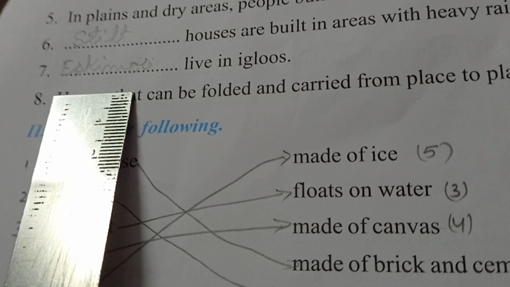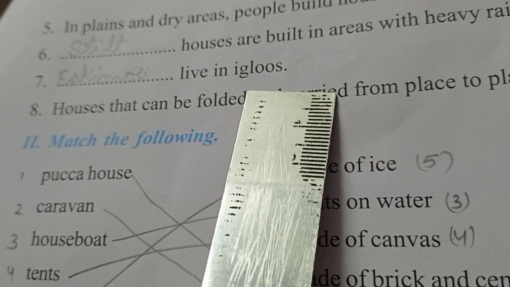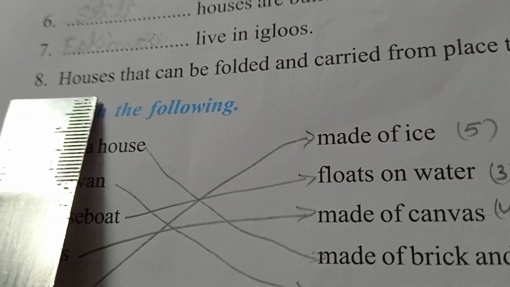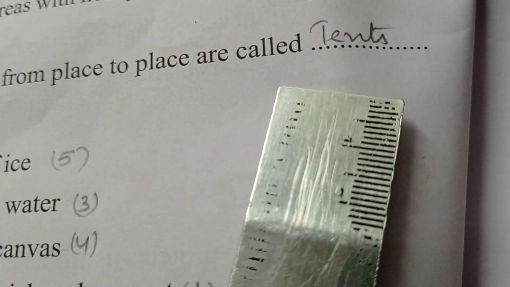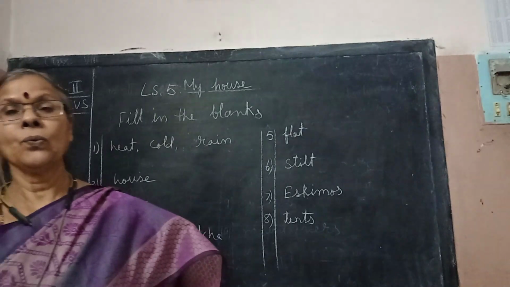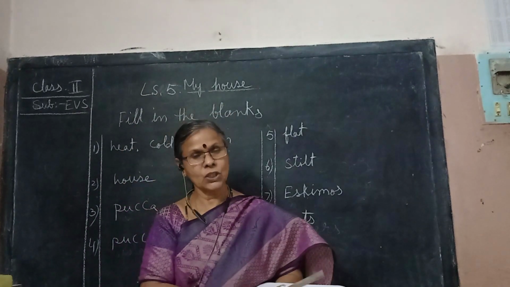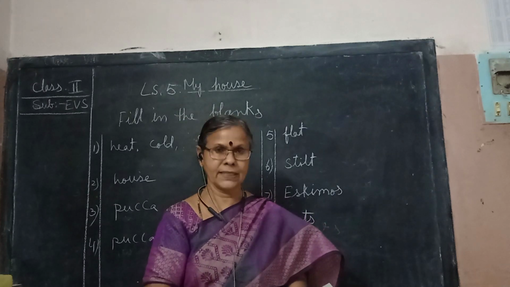Then seventh is Eskimos. E-S-K-I-M-O-S. Live in igloos. Eighth is houses that can be folded and carried from place to place are called tents. T-E-N-T-S. Tents. These are the 8 fill in the blanks along with the answers we read and written also. You can write in the class workbook also. I want you to write.